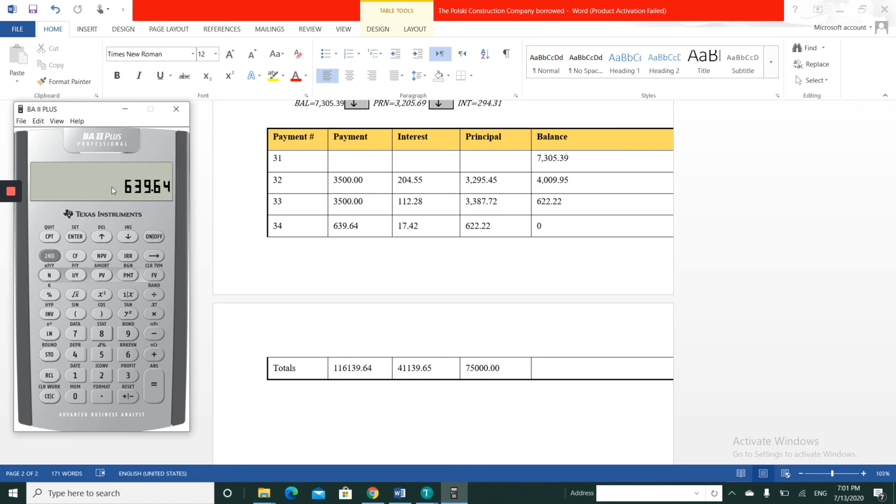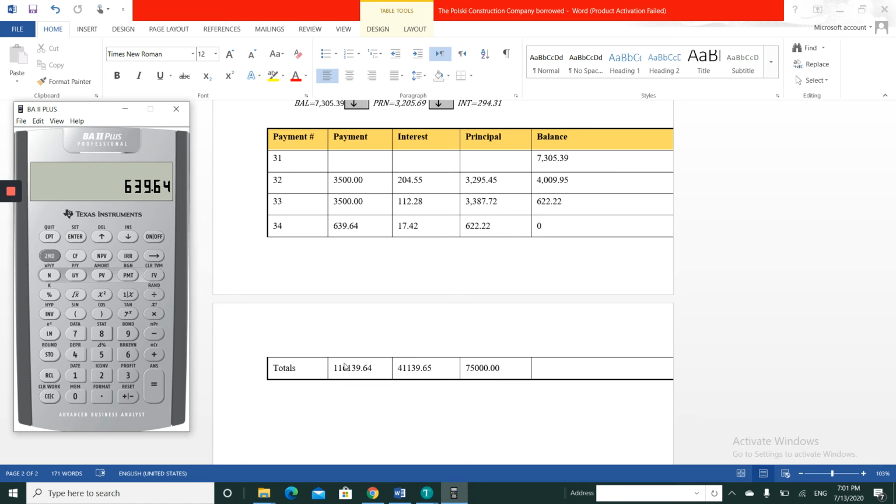So now I have the size of the last payment: $639.64. And the principal repaid by the last payment is the unpaid balance, $622.22. And in this case, we have a zero balance at the end.